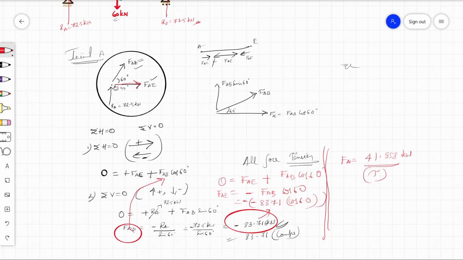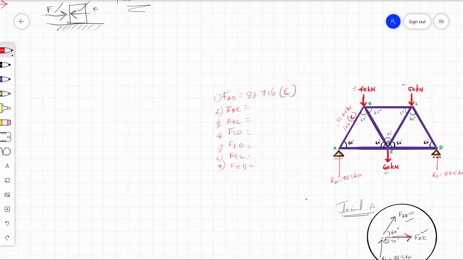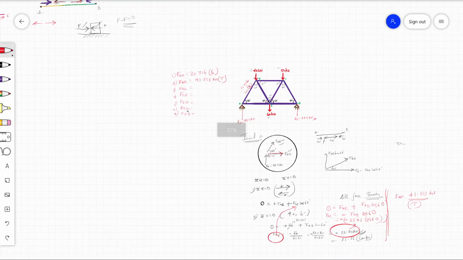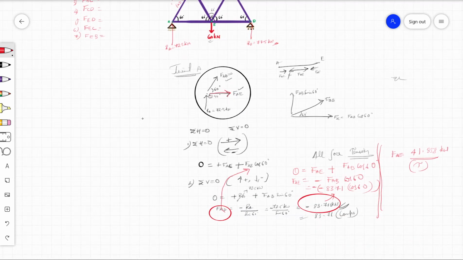So the value of FAE is 41.858 kilonewton, and it is in tension. So is this clear? We found 2 out of 7 by the help of joint A itself.